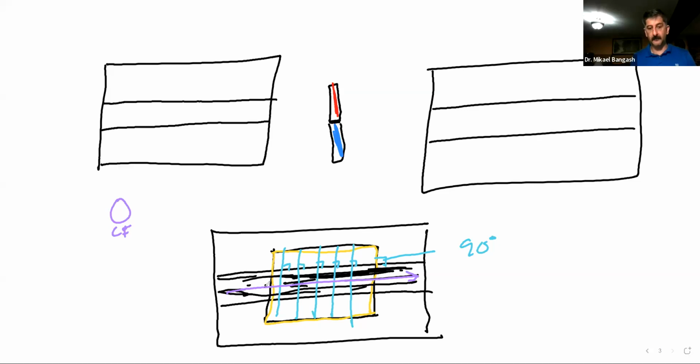Here the blood can be flowing in this direction, or it can be flowing in this direction. In both cases it is making a 90-degree angle with the direction of the blood flow, because this is your beam, and this is either this direction or that direction. It doesn't really matter. We have a 90-degree angle.